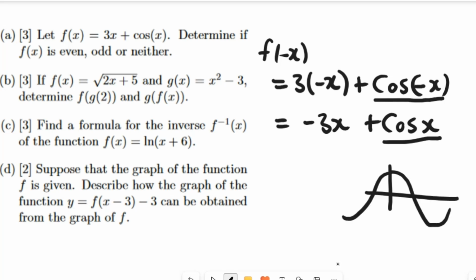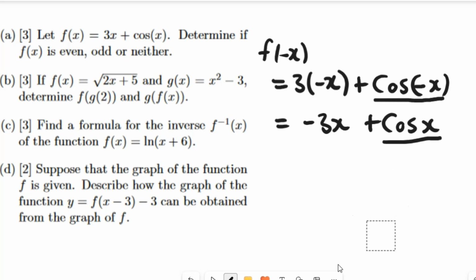What you see on the positive x values, on your right, is what you see on your left. So cos of a positive value is the same as cos of the negative of the very same value. It is an even function. It has a mirror image along the y-axis. That's why cos of a positive angle and cos of the negative of the very same angle are the same.